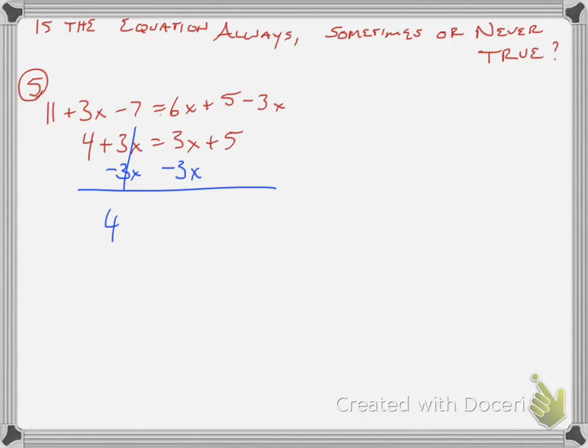These cancel out, but these cancel out as well, and I'm left with 4 is equal to 5. This is a special case when the x's cancel out completely. You're not left with any x's, you're just left with 4 equals 5. Well, because that is not a true statement, 4 does not equal 5, this equation will never be true.